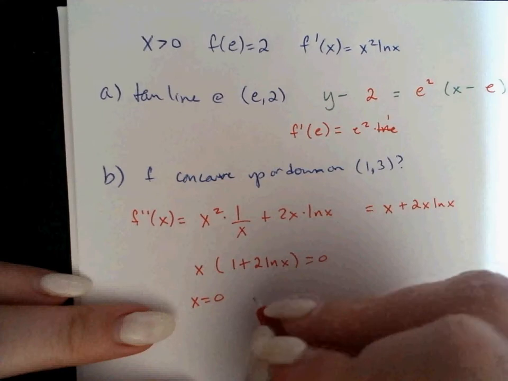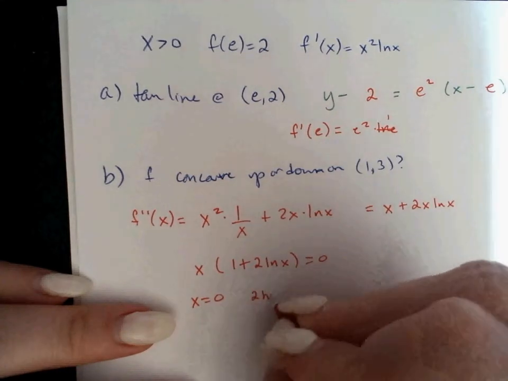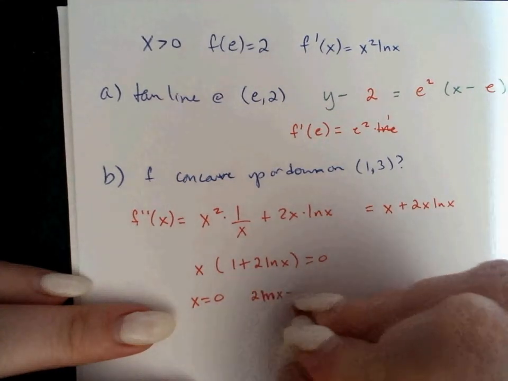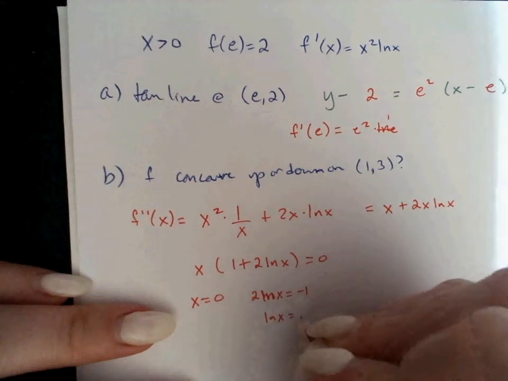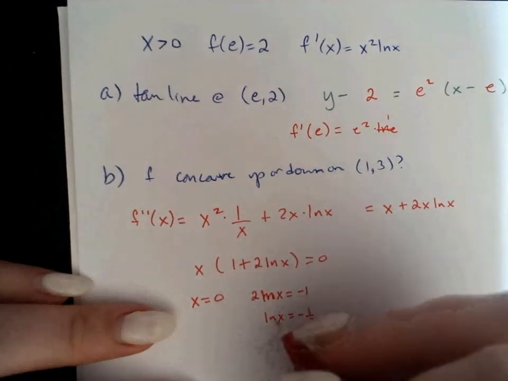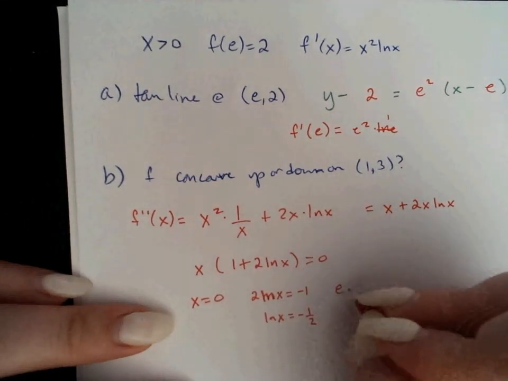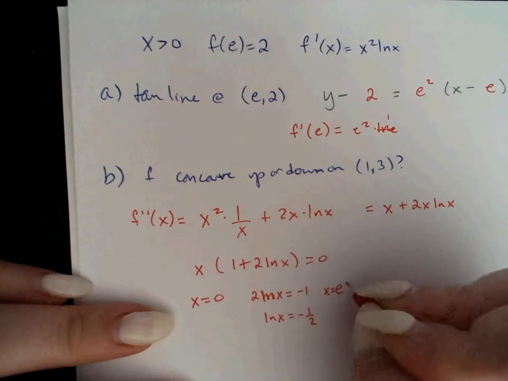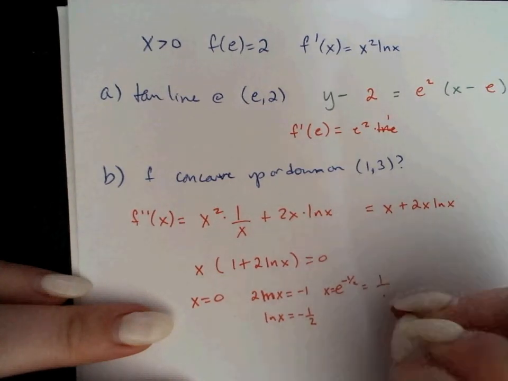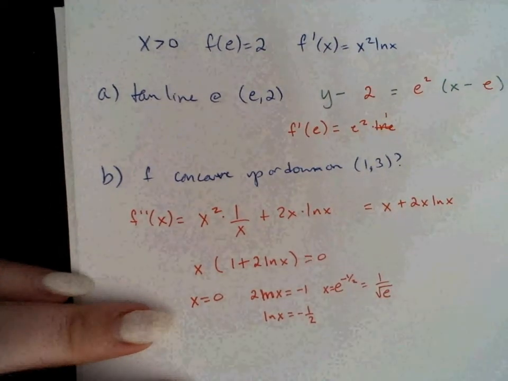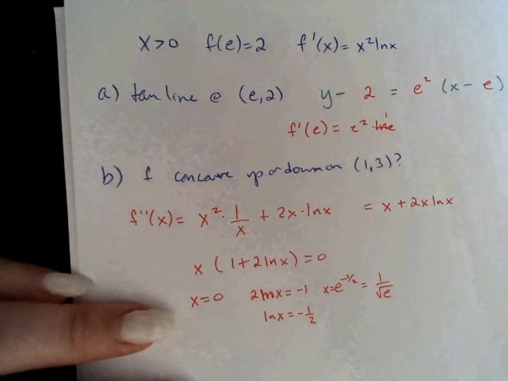So x equals 0, and then 2 ln x equals negative 1, natural log of x equals negative 1/2. That means x equals e to the negative 1/2, or 1 over the square root of e. Very interesting. 1 over the square root of e.